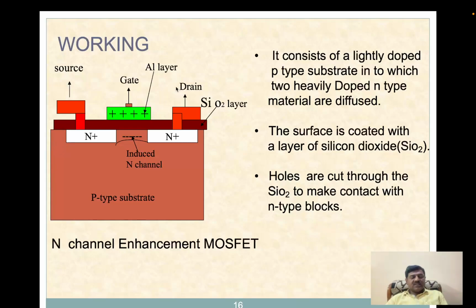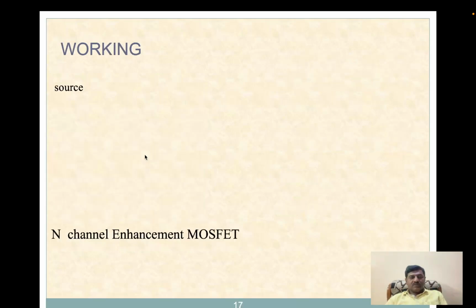The same construction, but here you use a P-type substrate. It consists of a lightly doped P-type substrate into which two heavily doped N-type materials are diffused. Again the surface is coated with a silicon dioxide layer, and holes are cut through the silicon dioxide layer to make contact with the N-type blocks.